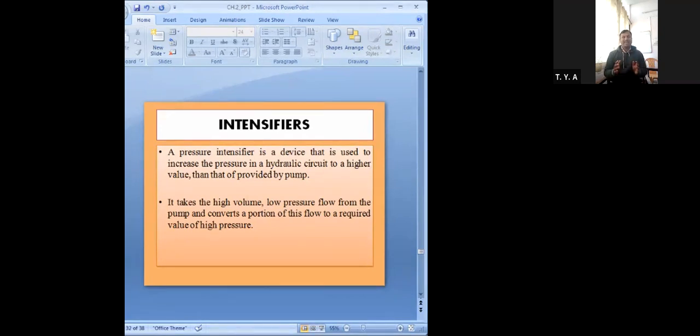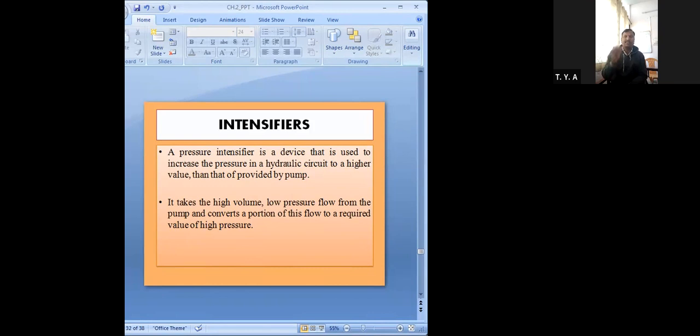Whatever pressurized fluid we get from the pump, if you want to boost or increase its pressure beyond that, one device is used, and it is called a pressure intensifier or pressure booster.